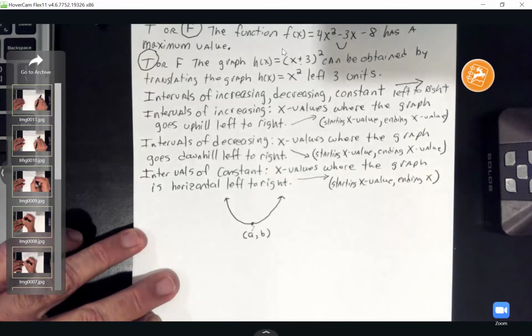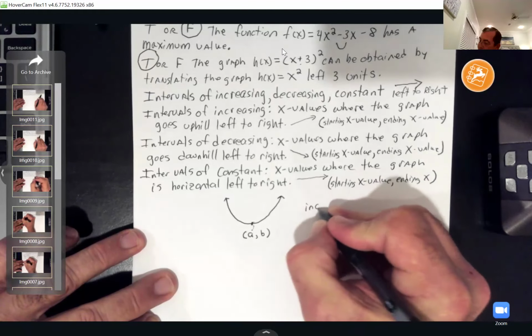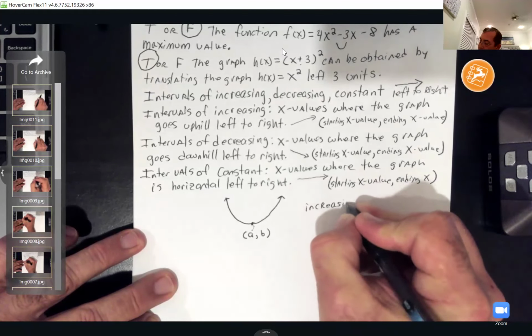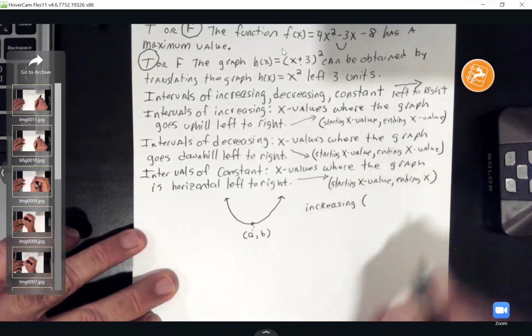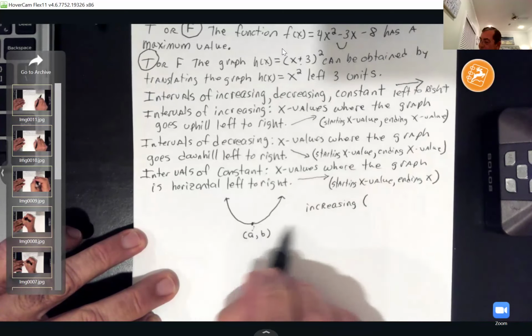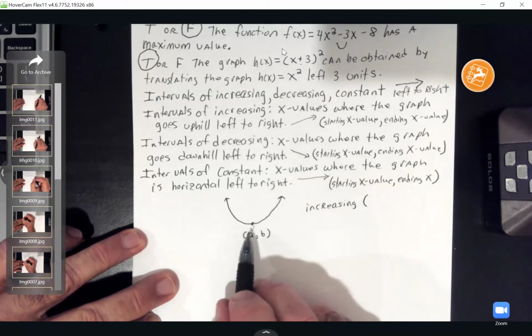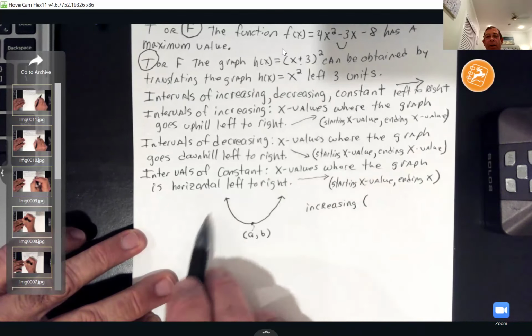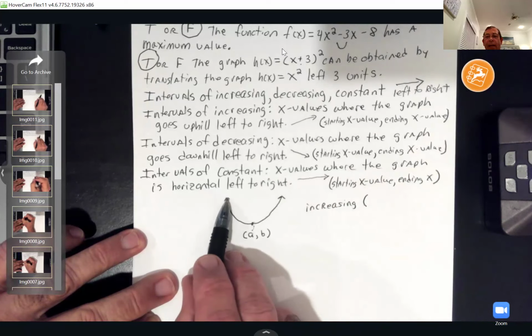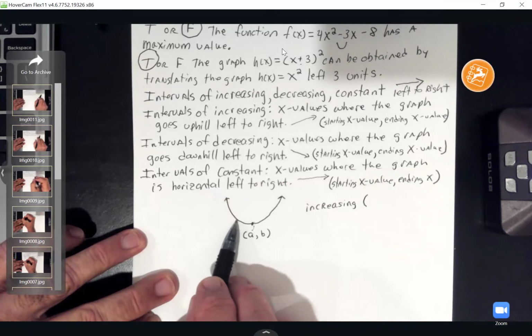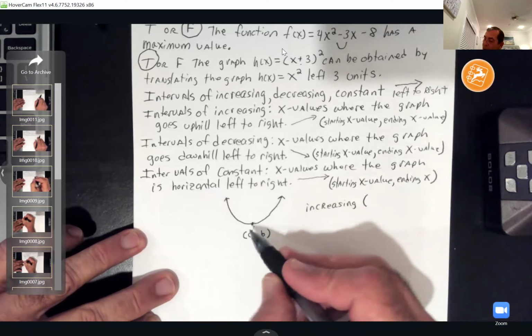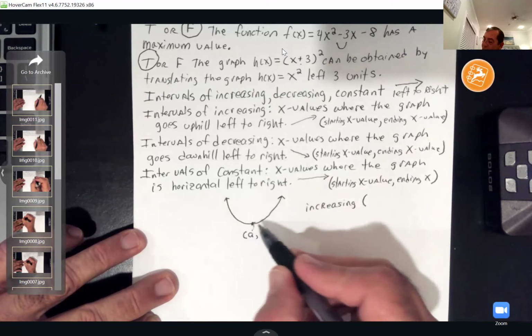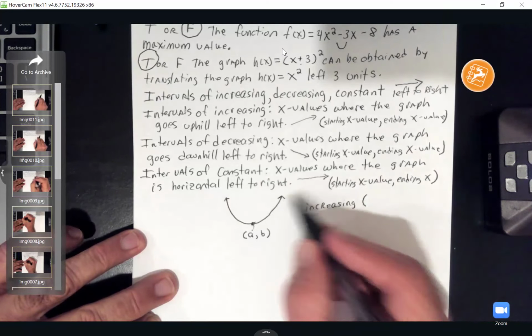So, increasing. Well, y'all see the right side of this is going uphill, right? This side is increasing. This side, although I have an arrow, if you read this left to right, this left side is going downhill. So the increasing interval starts right here and goes up.